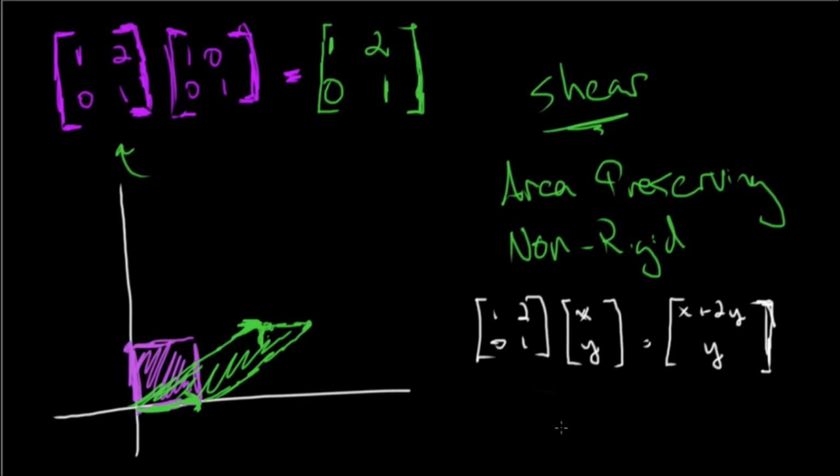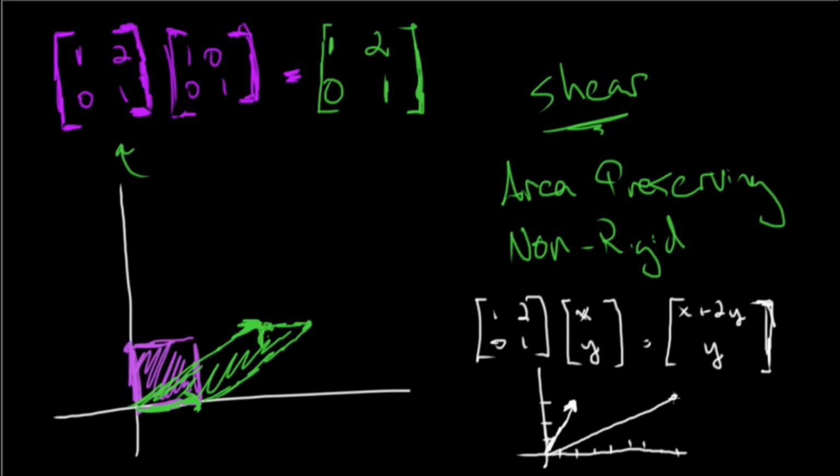If I have a little picture, if I have the vector like, I don't know, 2, 3. Its y is not going to change, but its x is going to become, its x is currently 2, and we're going to add 2 times its y. So we have 2, and we're going to add 6. So 2, 3, 4, 5, 6, 7, 8.